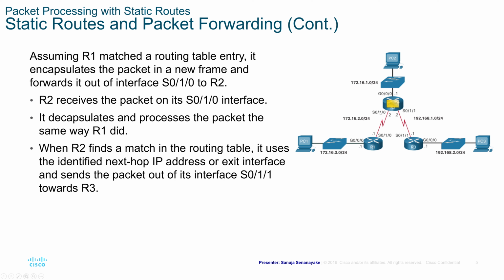So assuming there is a match in R2's routing table, it identifies either the next hop IP address or the exit interface, and in this case, assuming it properly identifies S0/1/1, it's going to send the packet towards the R3 router. So we are getting closer to PC3 now.